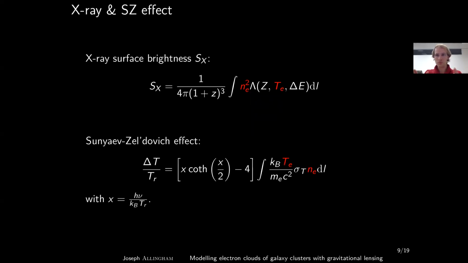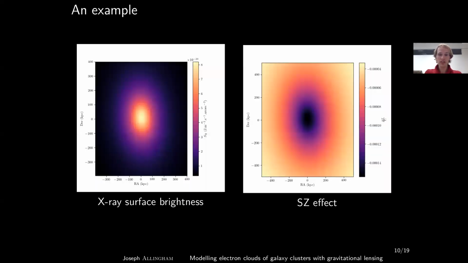So just to understand why the X-ray and SZ effect are connected to the electron density, it is simply because of these formulae. So in red, you can see the place where the electron density and the electron temperature come in to be important. So these are simple maps that we created with these models.